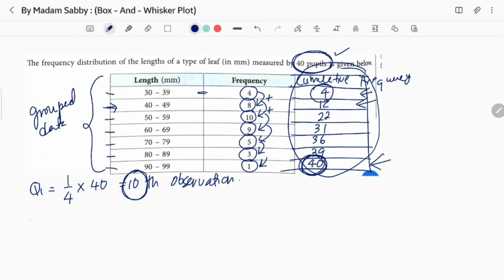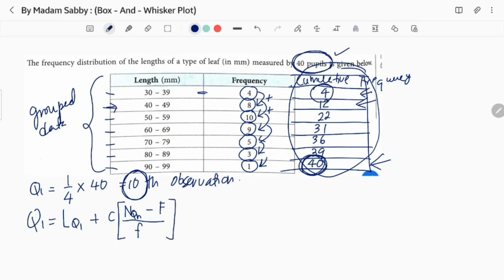Next we have to calculate our first quartile by using the formula: lower boundary of the first quartile plus C, the class width, multiplied by the number of observations of your quartile, minus the cumulative frequency of the class before your quartile class, and then over the frequency of your quartile class.